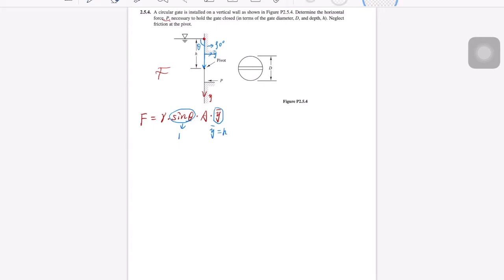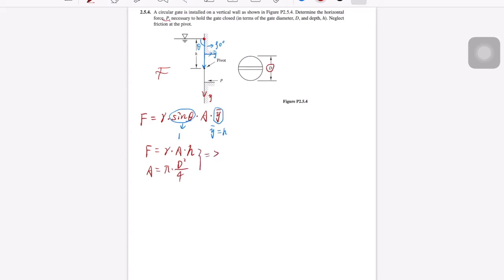So now we can write F equals gamma times A times H. Because we know the diameter of the gate is D, we can write A as pi times D squared divided by 4.